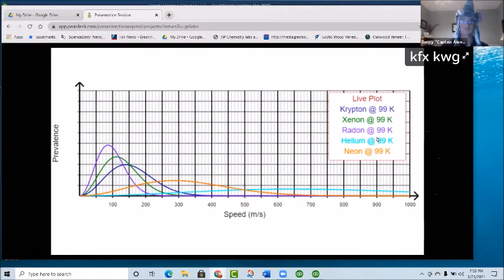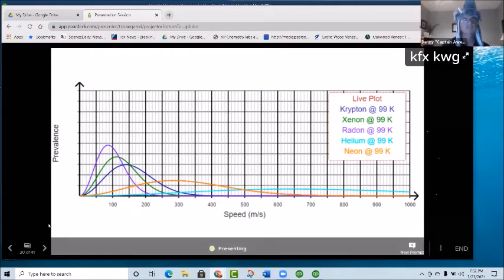What I want you to notice is the heaviest gas there is radon, and radon has the middle of the peak farthest over to the left, meaning it's the slowest gas. Which gas is the fastest? It's that very light blue one, and you notice that's helium. They're all at the same temperature, so it's not about temperature. The fastest molecules are going to be the skinniest molecules, the ones that don't weigh as much. So just keep those two things in your head.